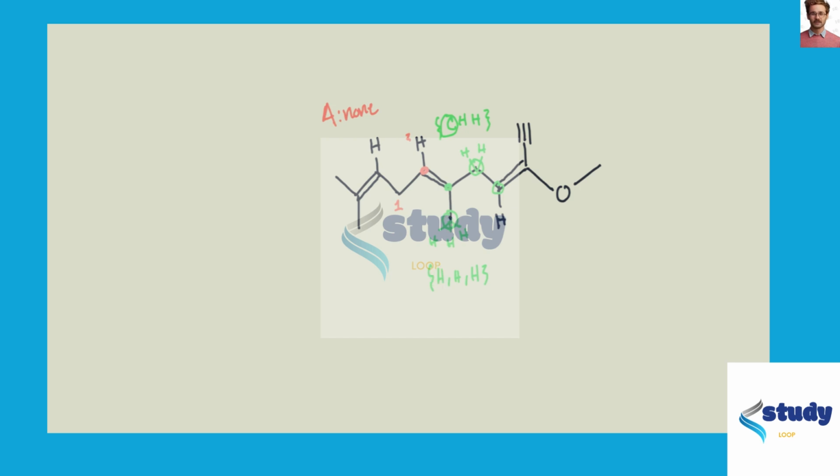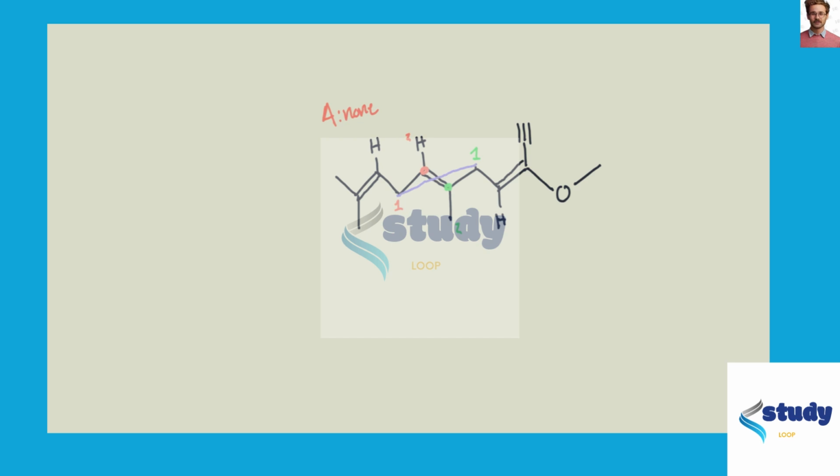So in terms of ranking, this is higher priority than this carbon. Now your final task is to connect with a line the highest priority substituent on each side to the other.